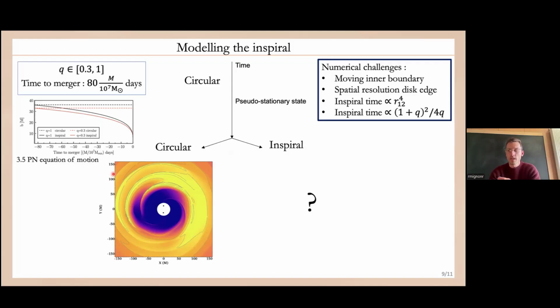The second difficulty is that the inspiral time is really short once you are close to the merger, but at larger orbital separations it is getting slower and slower. So following the inspiral from large separation to small separation is really, really expensive.